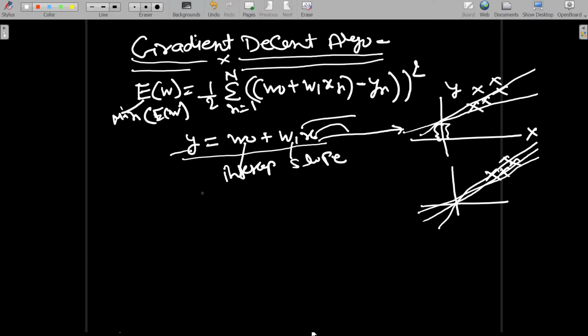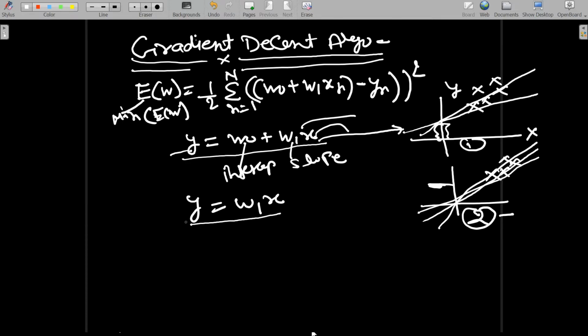So what would be our linear regression model for this second graph, with the first graph being the earlier one? For this second graph we will have just w1 x, because w0 is nothing, there is no intercept here. So for now let's consider this as the linear regression model.